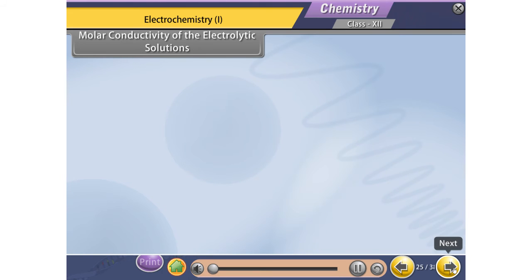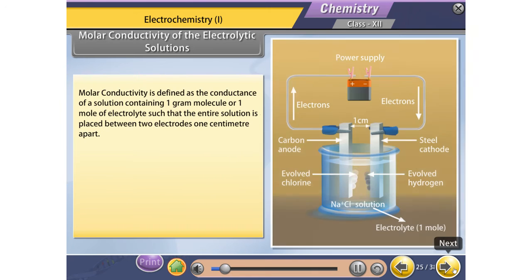Molar conductivity of the electrolytic solutions. Molar conductivity is defined as the conductance of a solution containing 1 gram molecule or 1 mole of electrolyte such that the entire solution is placed between 2 electrodes 1 centimeter apart. It is denoted by the symbol lambda m.